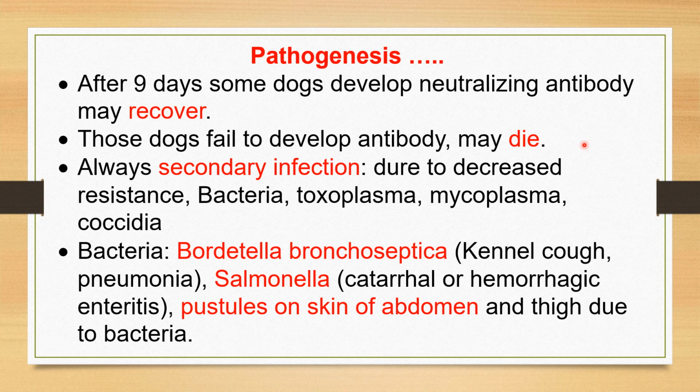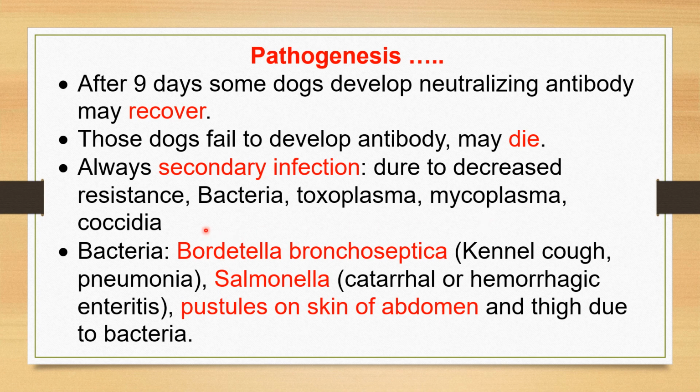Friends, remember this canine distemper virus causes immunosuppression and it invites many secondary infections. This is due to decreased resistance and many diseases may occur: bacterial diseases, toxoplasma infection, mycoplasma infection, and coccidia infection.